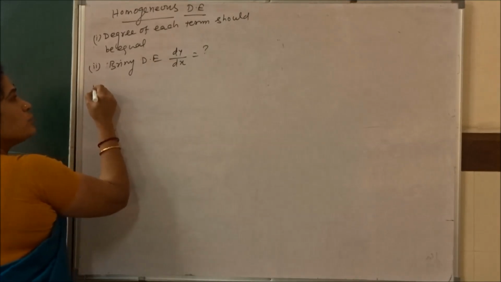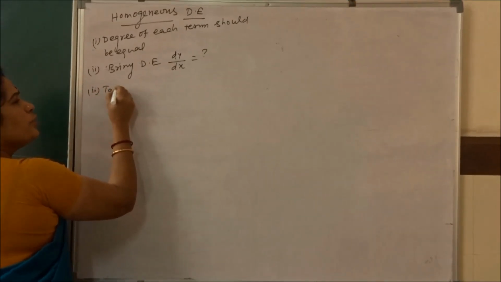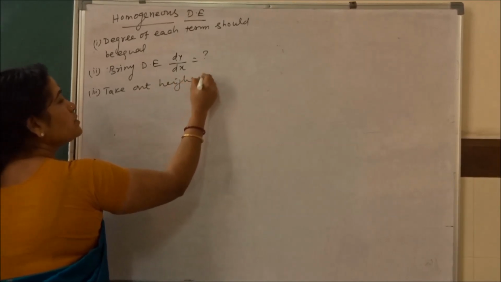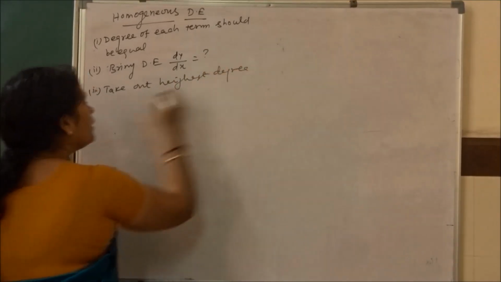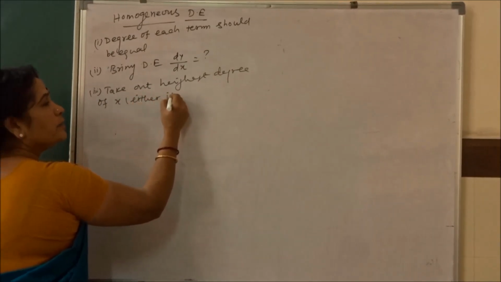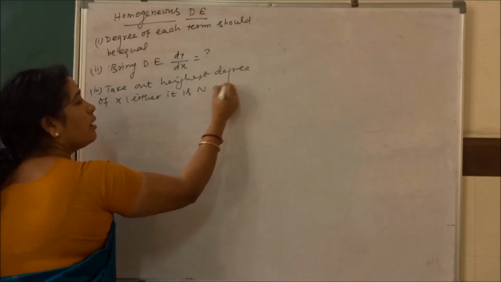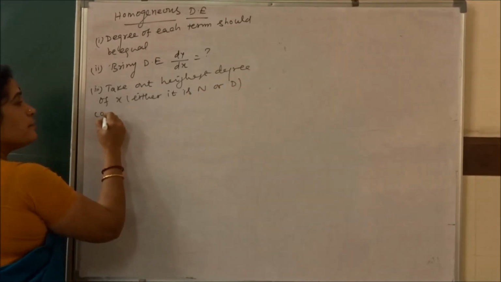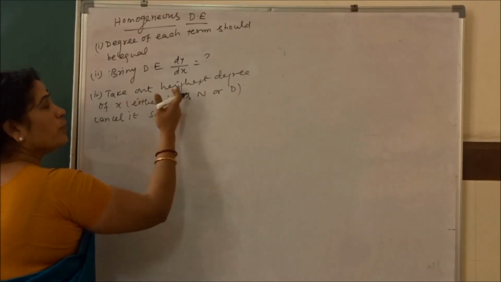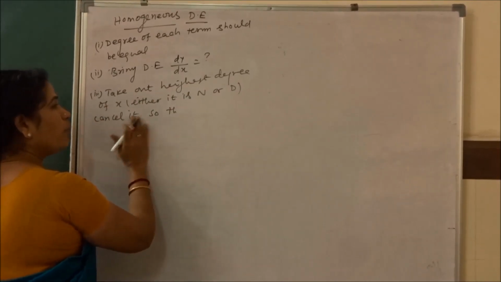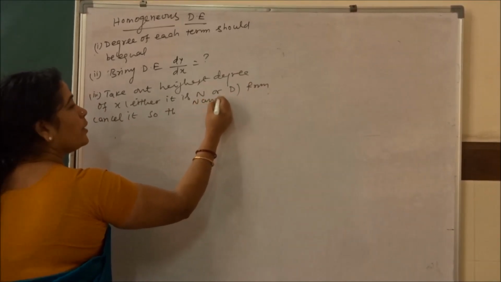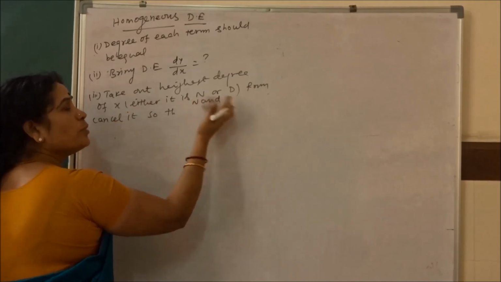Step number 3: take out the highest degree of x from the numerator and denominator and cancel it. As I told you, the highest degree of x may be in the numerator or the denominator.